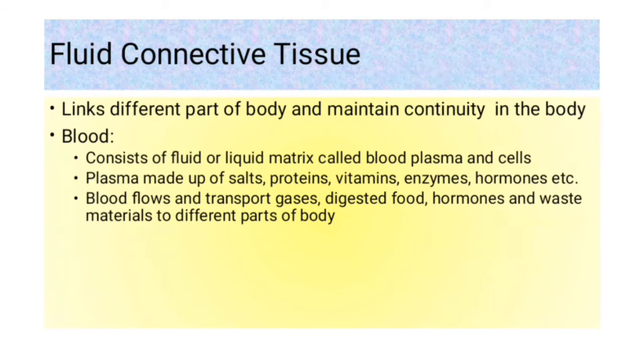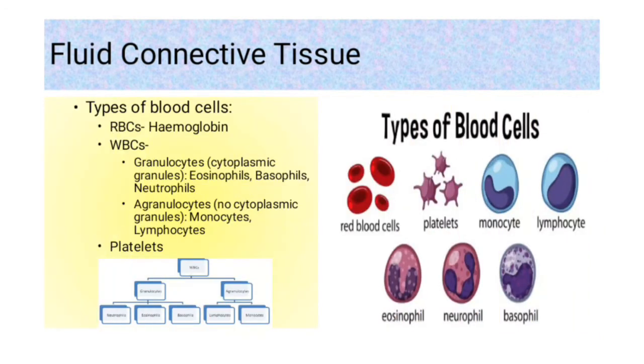Major functions of blood are transport and temperature regulation. The blood transports gases, digested food, hormones and waste materials to and from various organs. It also helps in maintaining uniform temperature. Of the three types of blood cells, erythrocytes are the most abundant.